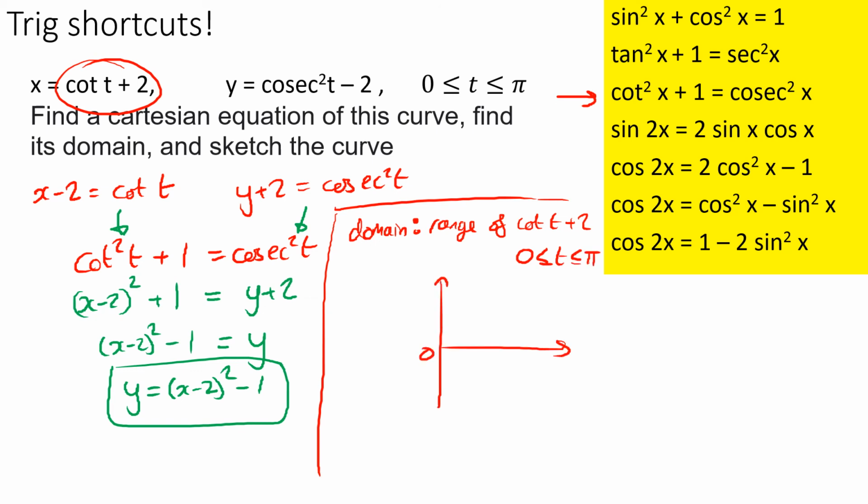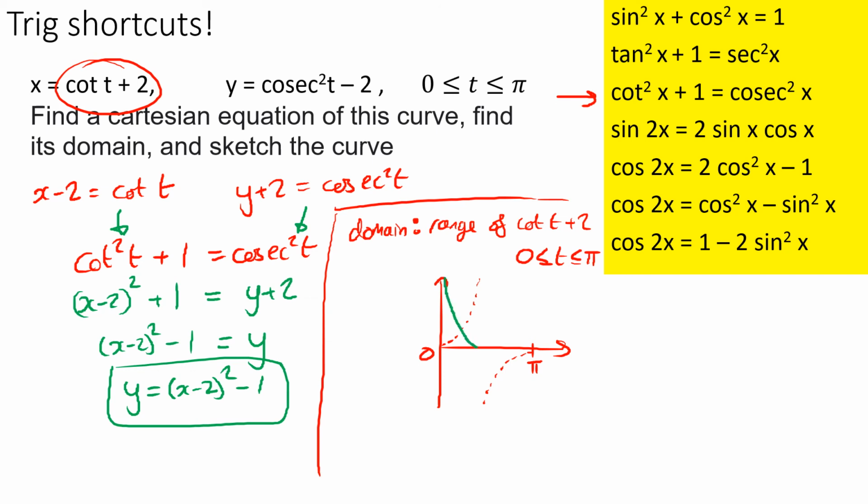We're going from 0 to pi, and the cot function can be quite hard to remember. So what I tend to do is draw out the tan graph first, and between 0 and pi, the tan graph just looks like that. And then you just reflect it. So when it's high, cot is low and vice versa.